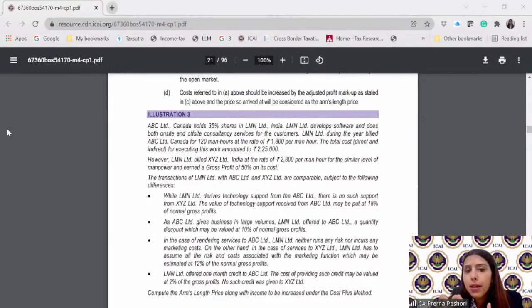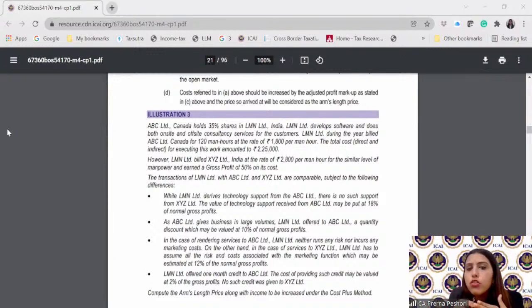Transactions of LMN with ABC Limited and XYZ Limited are comparable, subject to the following differences. While LMN Limited derives technology support from ABC Limited, there is no such support from XYZ Limited.